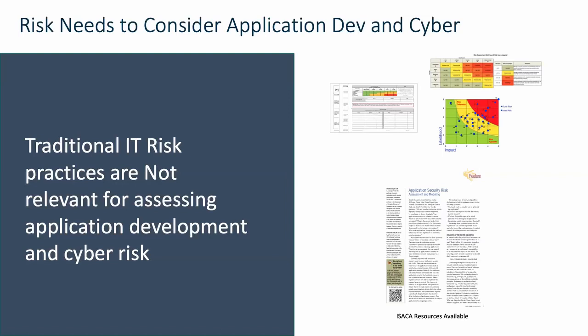If you look at your traditional IT risk frameworks, and the tools being used within the various corporates, what I find in general, and this is a bit of a generalization, is that a lot of the frameworks themselves are fairly generic around measuring and managing overall risk within the enterprise.